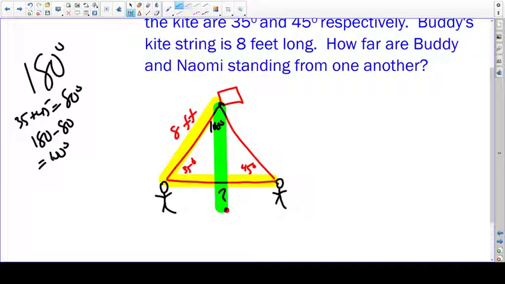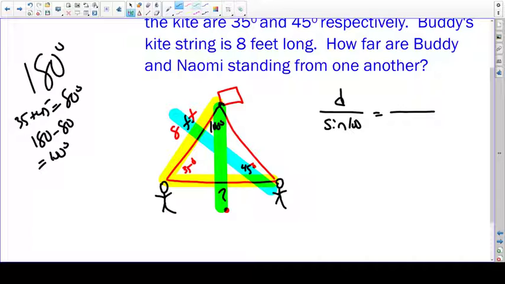So let's go ahead and figure this out. We'll call that distance d, and that's going to be d over the sine of the opposite angle, which is 100. Now the other matching pair that we're going to use in this question are probably going to be these ones, because that's the only other ones we have, 45 degrees and 8 feet.